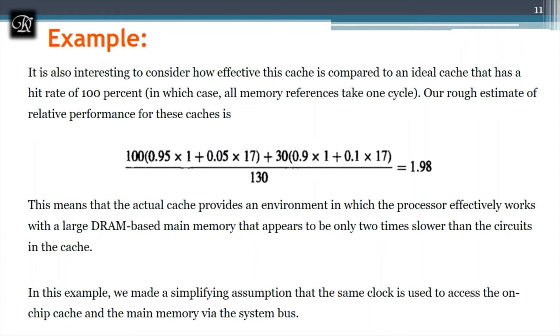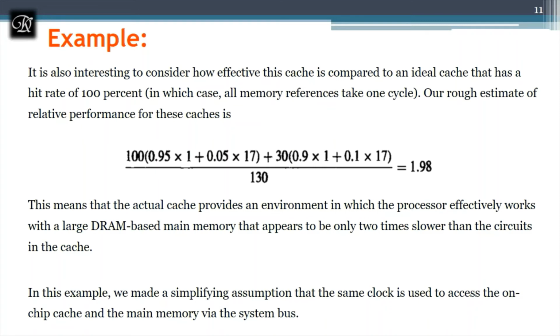So still 1.98. This means that the actual cache provides an environment in which the processor effectively works with a large DRAM-based main memory that appears to be 2 times slower than the circuit in the cache, which is going to work on the processor, which is still slower. So with a cache it is faster.